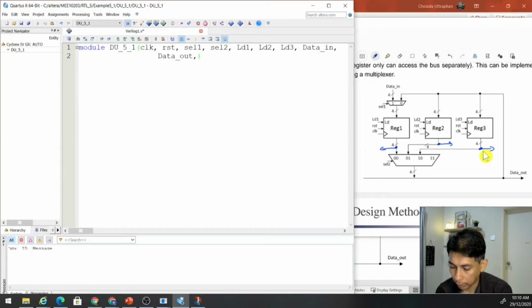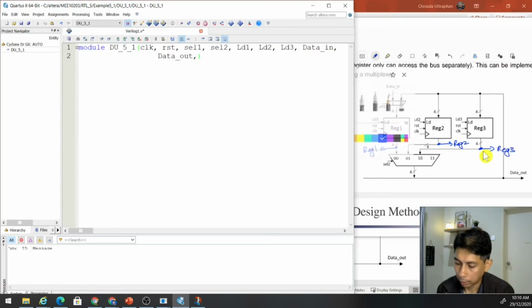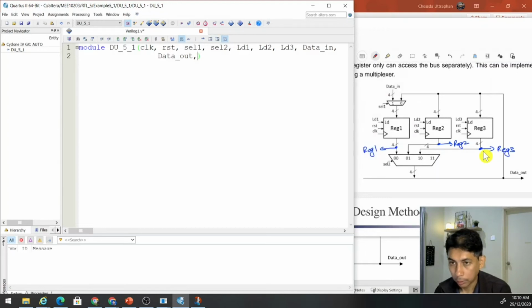So this one, rack 1. I add these output ports so that later in simulation I can see what is inside rack 1, rack 2, rack 3. So I list rack 1, rack 2, rack 3 here also.